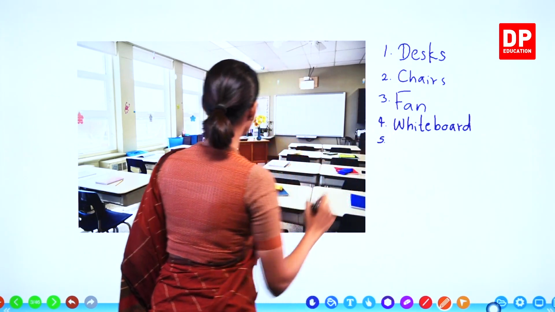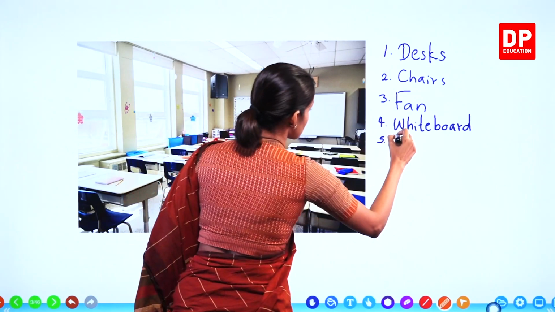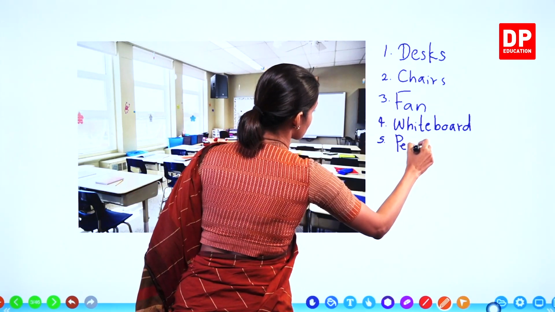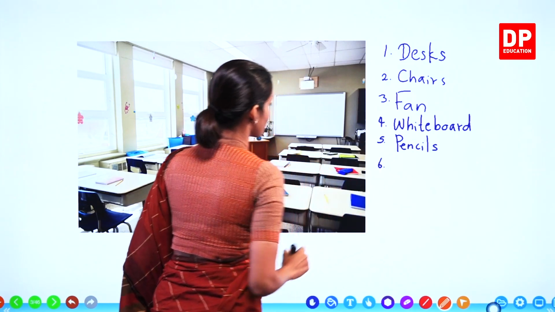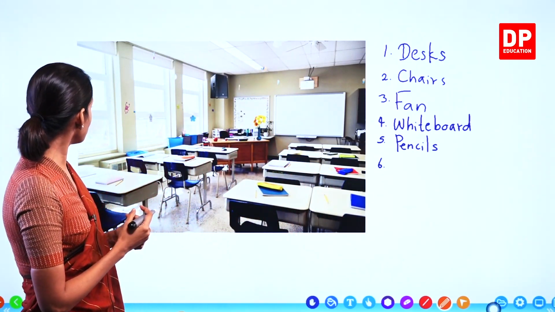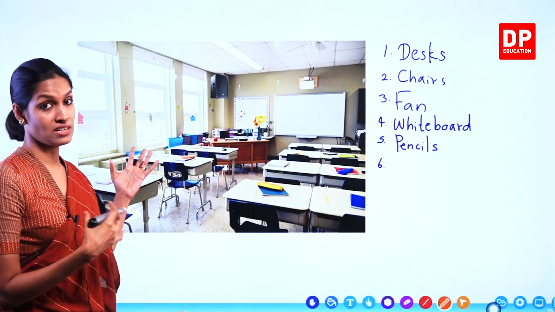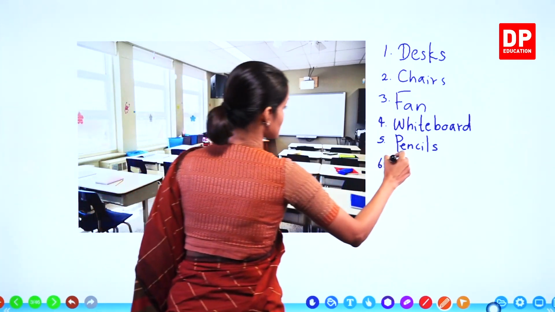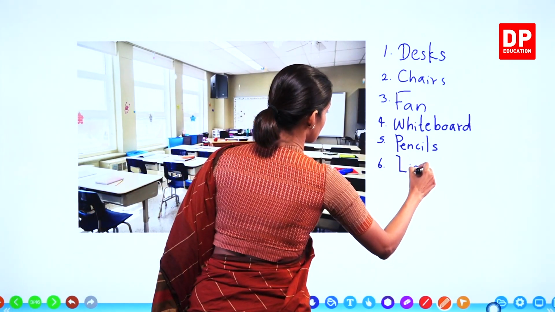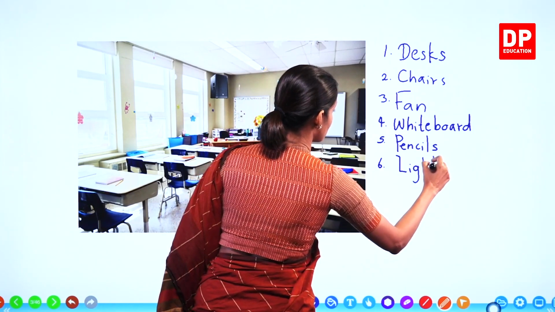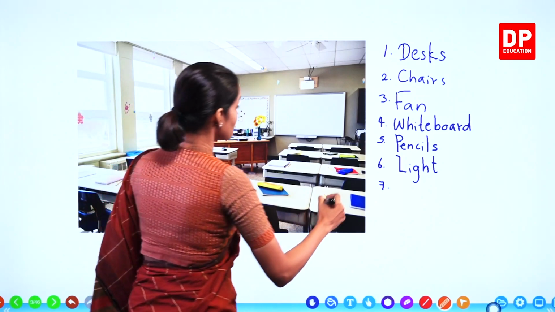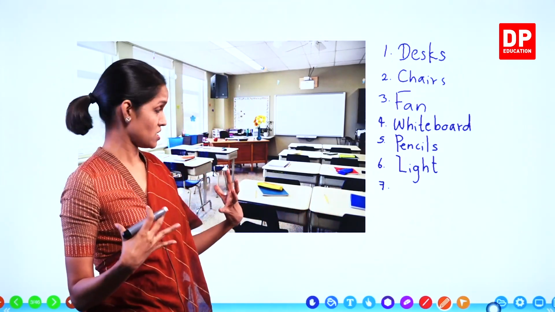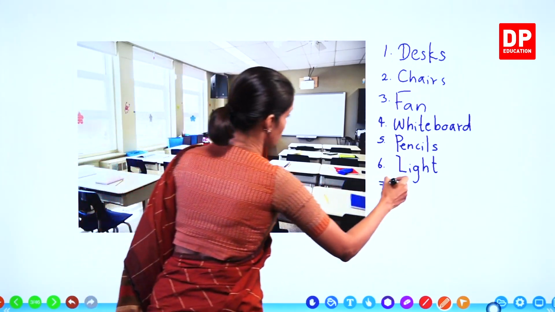Number 5. Pencils. 6. And I'm going to write light because I mentioned that. Light and speaker. Because of the speaker, sound comes out. Therefore, I'm going to write sound.